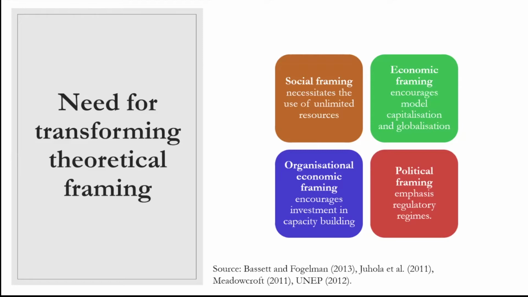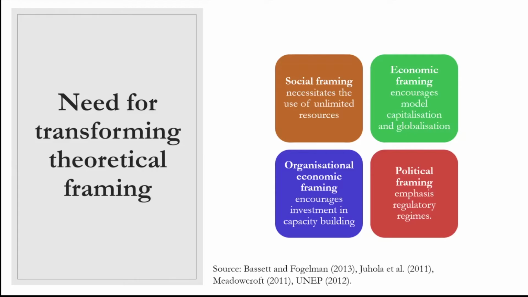And here I give you some examples because our systems are working in a very limited context. For example, if we want to address poverty from social framing only, then it will necessitate the use of unlimited resources. And therefore, it is not useful, isn't it?